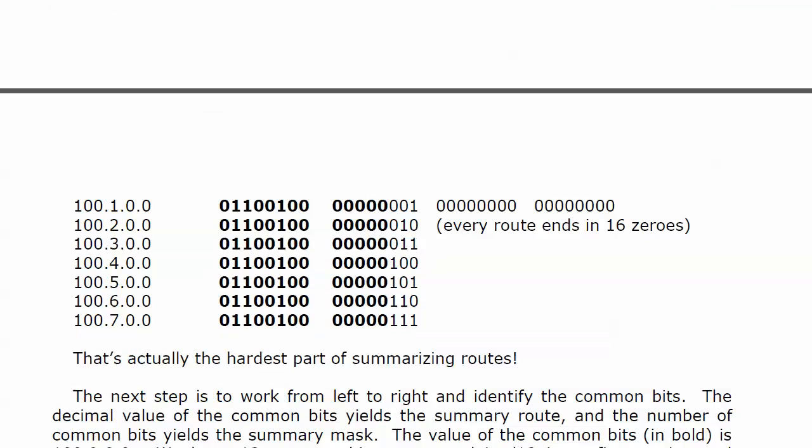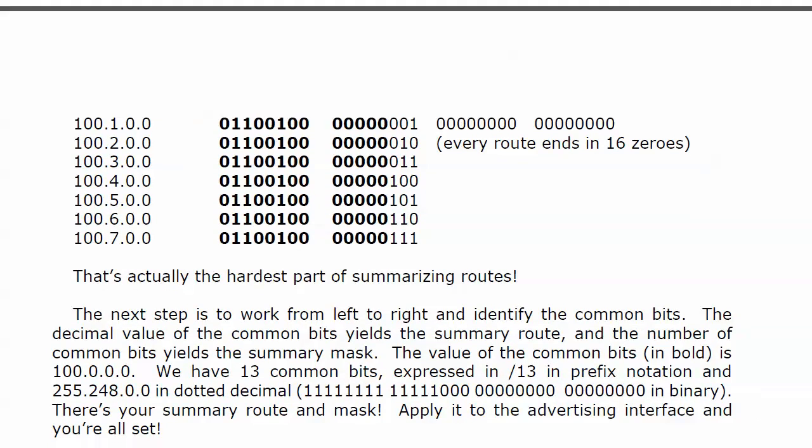If the first 13 bits are bolded, then in prefix notation it's going to be /13. But we need the value in dotted decimal for this command. We've got 13 common bits, we know that. What is the value of the 32-bit binary string that we use for our masks if the first 13 bits are all set to 1, if they're the common bits? 255.248.0.0. That's it. That is the hardest part.